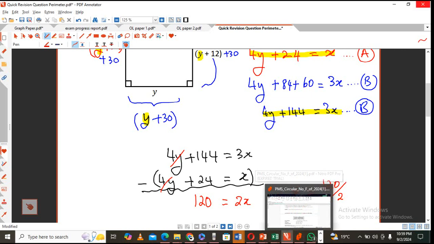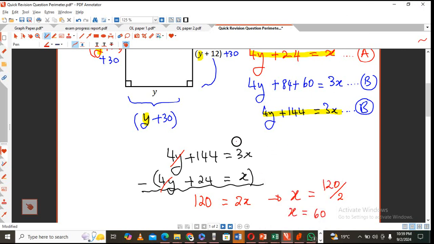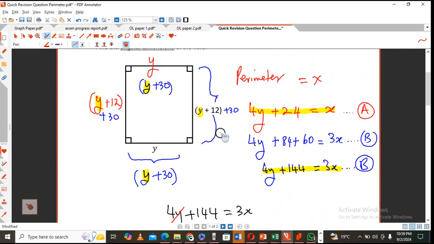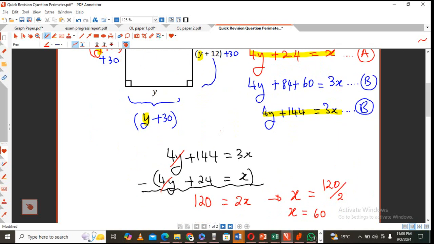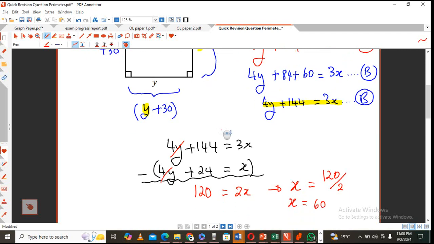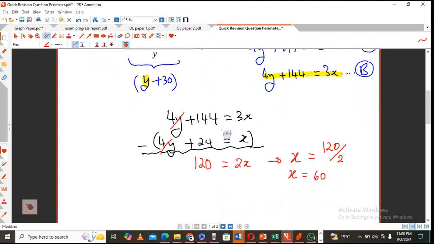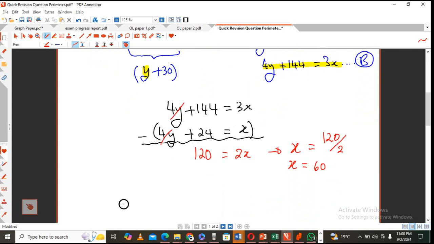Now that I know the value of x, I can go back and find the value of y. Since x is equal to 60, I'm going to substitute it back into either one of the original equations. I'm going to use the equation 4y plus 24 is equal to 60, because x is now equal to 60.